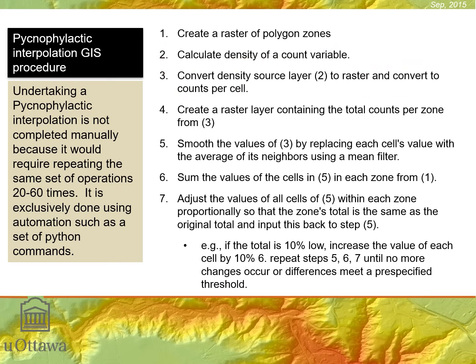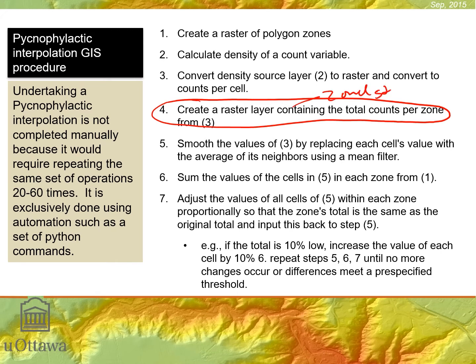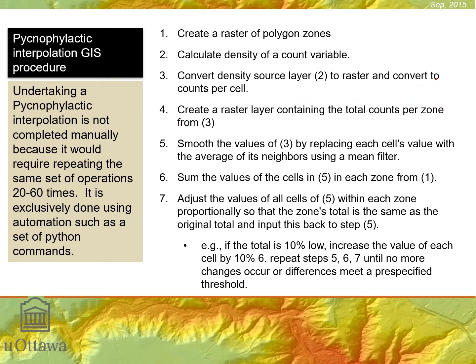Then you create a raster layer containing the total counts per zone. So that means doing zonal statistics, zonal stats. Then you smooth the values by replacing each cell's value with the average of its neighbors using a mean filter.